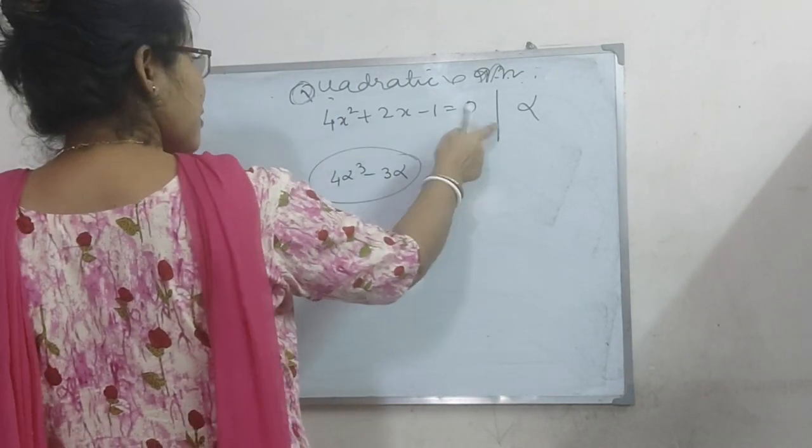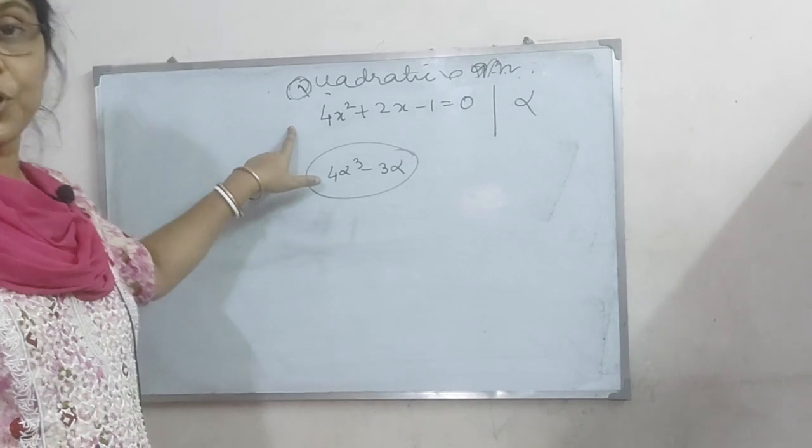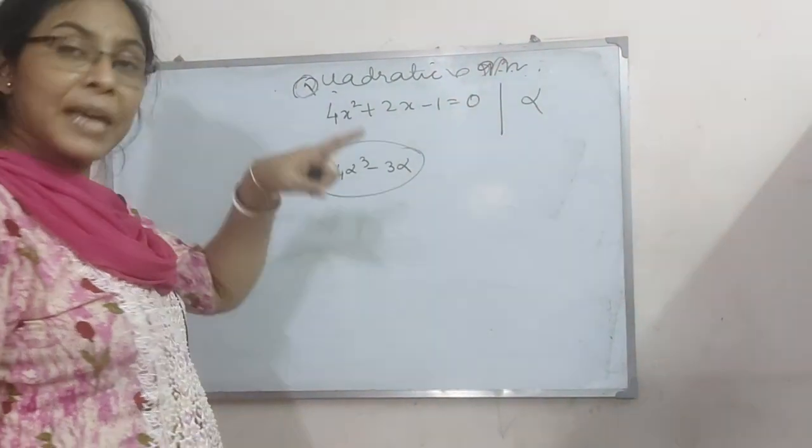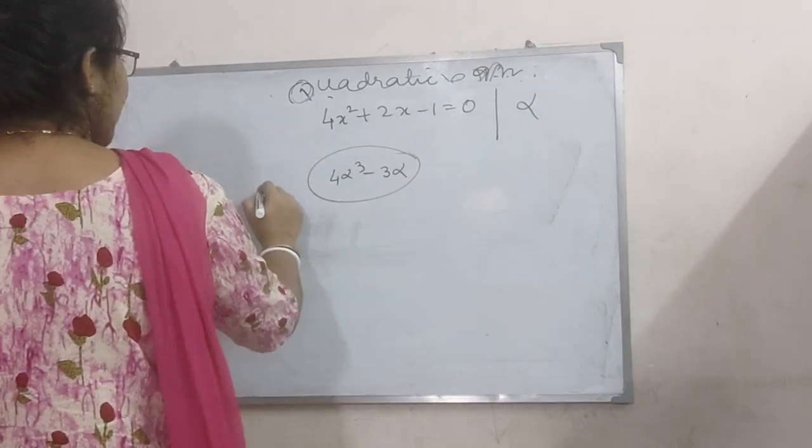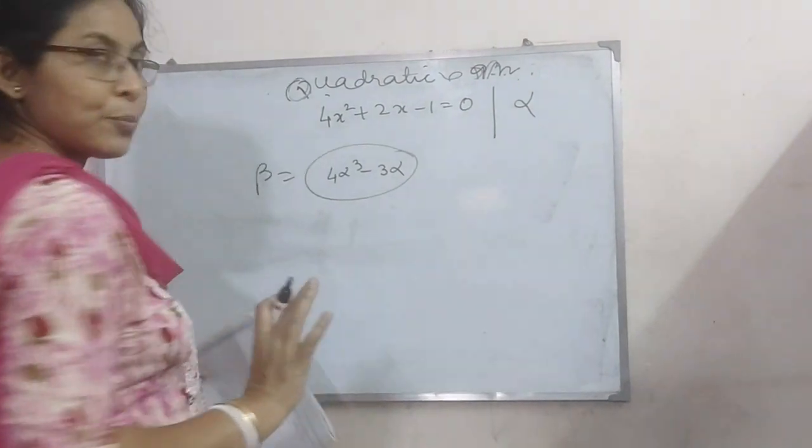It is given that alpha is a root of this equation. Let beta be the other root, and we have to prove that beta equals this.